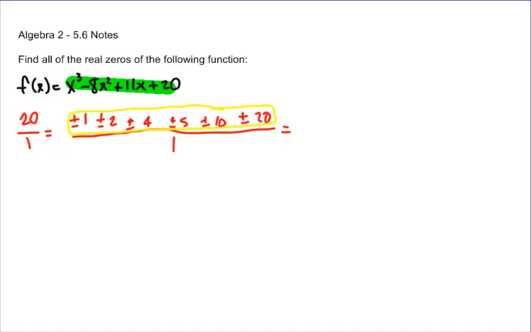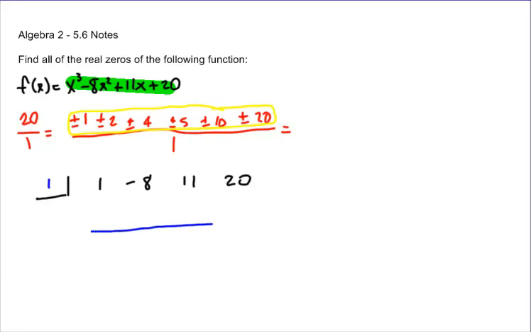Now, if a rational root is a zero of a function, we can do synthetic division on 1, -8, 11, and 20 with one of the rational zeros. And if we have a rational root, then one of those is going to work. I like to always test things close to home, so let's check 1.